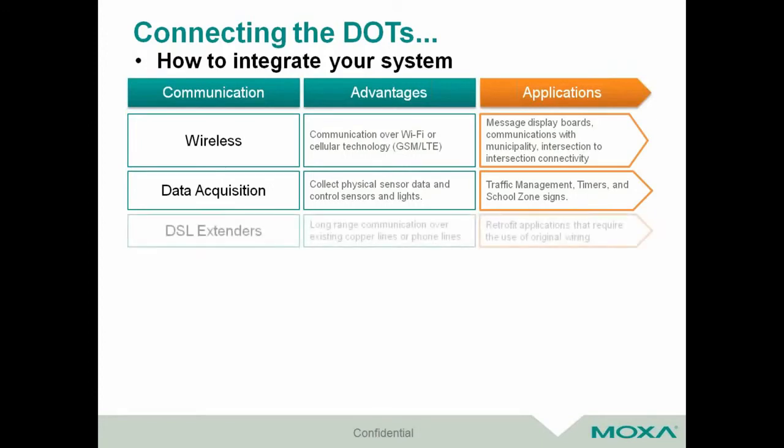DSL extenders. This has been a growing demand, but no one really is aware of it. It's a good product to use, and I would say it should increase in demand shortly because of retrofit applications. You have long-range communications without having to rip out all your lines.